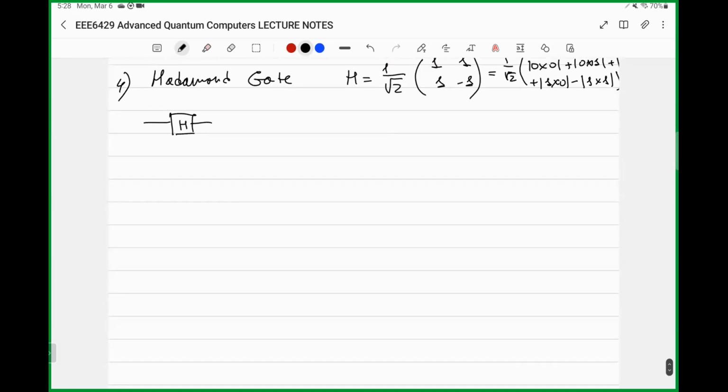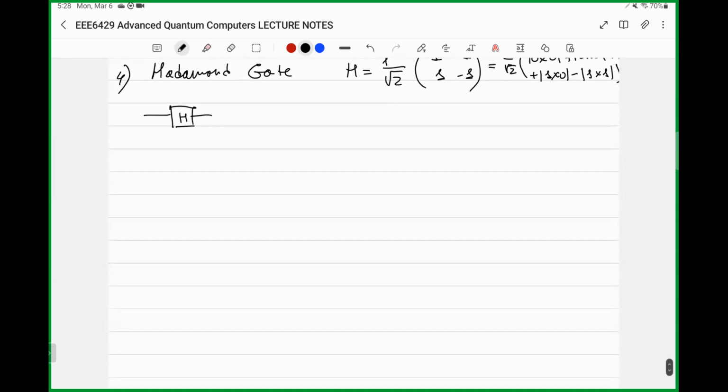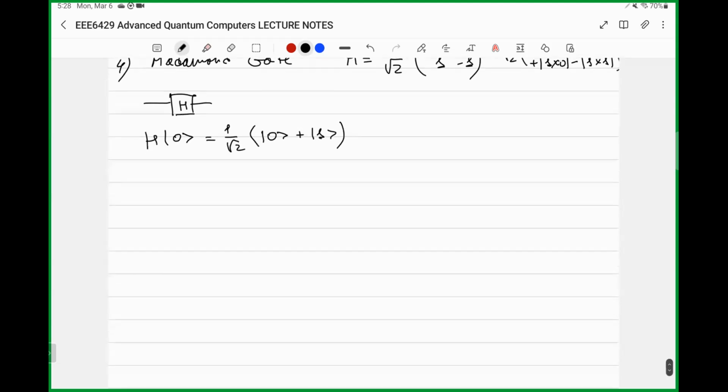And why is it so important? Because the Hadamard gate creates superposition. For example, if I apply the Hadamard gate to the 0 state, the result will be the superposition of 0 plus 1, which is nothing but the state plus.